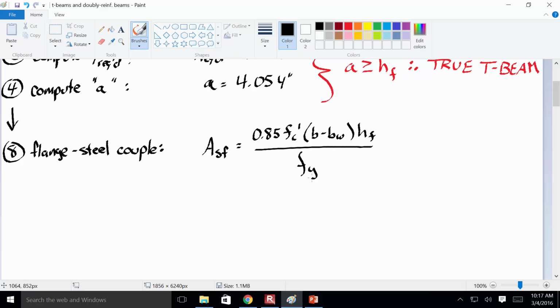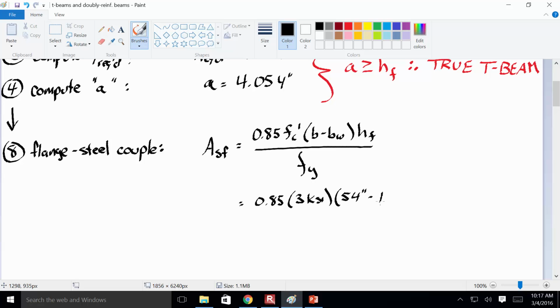So that is, what's the f'c, is it 3K? It's 3 ksi for this problem. And then, what's the flange width? You all have the problem in front of you, right? There we go.